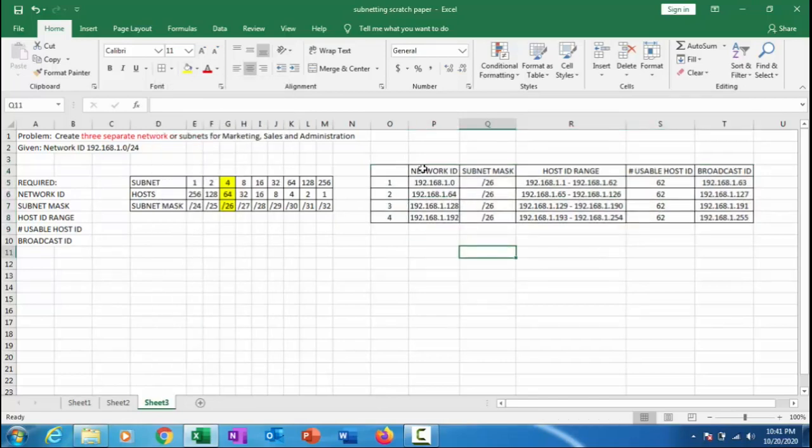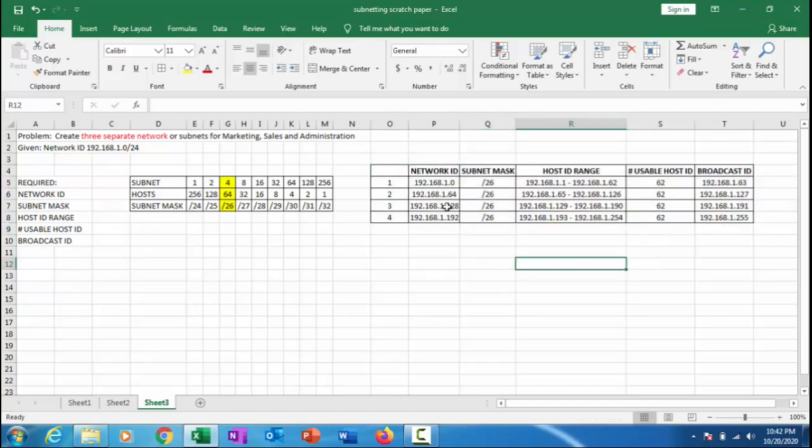Okay. So as you can see here, what is actually asked is just 3 separate networks, but since it falls under 4, we have given the 4 so that the client can actually just choose 3 among the 4.